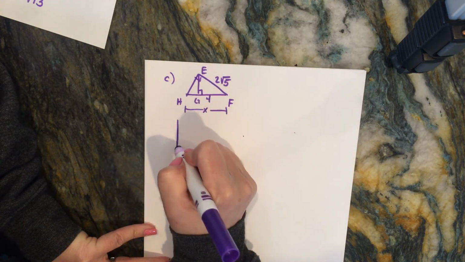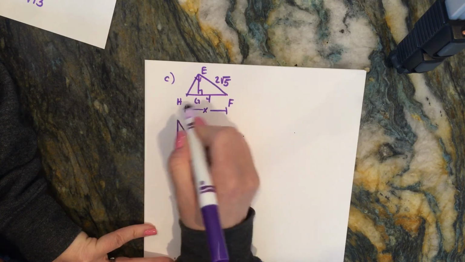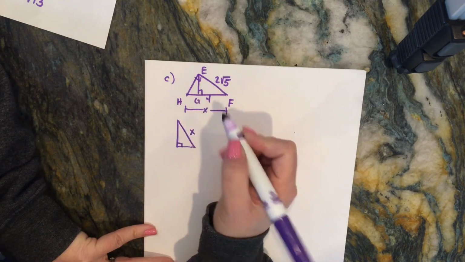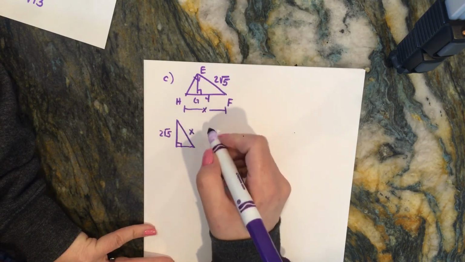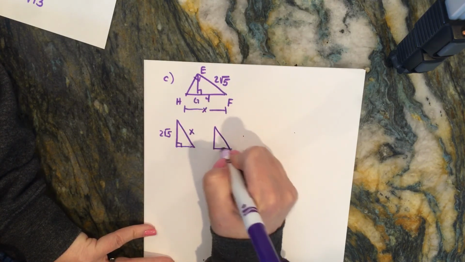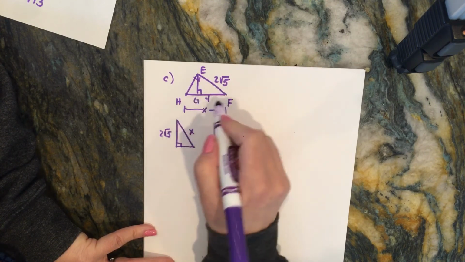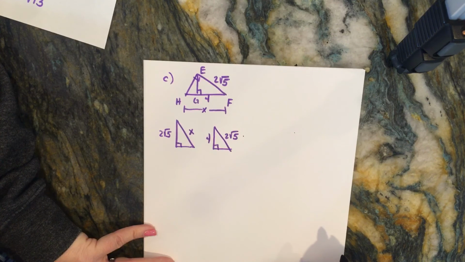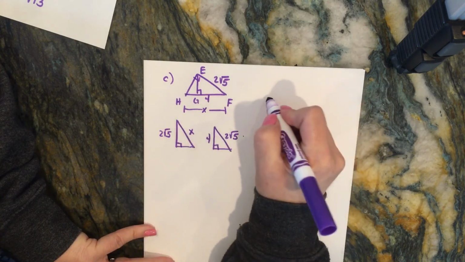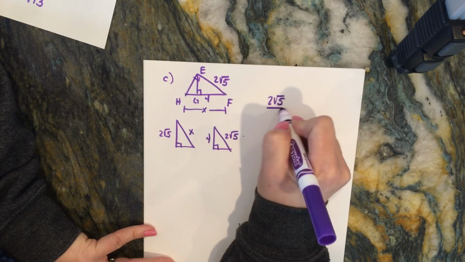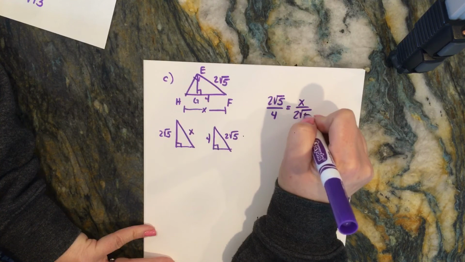So here is a medium triangle. Actually, let's make this one the large one. The large has a hypotenuse of x and a long leg of 2 square root 5. And the medium has a hypotenuse of 2 square root 5 and a long leg of 4. So we can set up our proportion. 2 square root 5 is to 4 as x is to 2 square root 5.